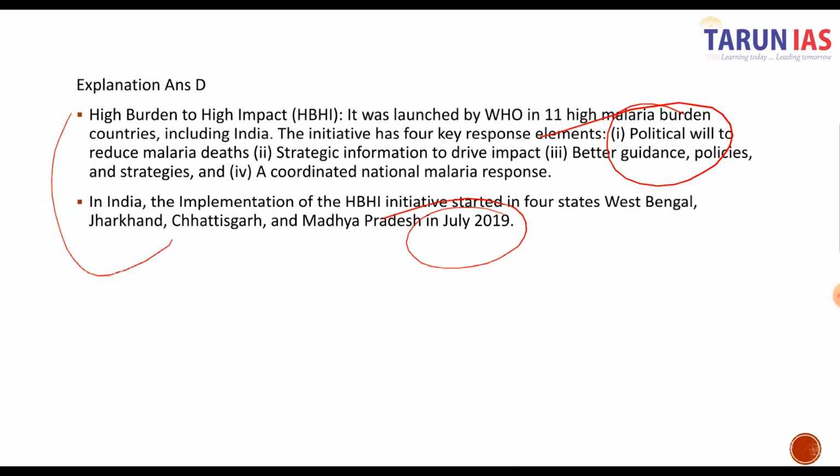The second is the strategic information to derive impacts. As you know, information is key to everything. So right information and awareness regarding a particular subject is important if we want to deal with that situation. For example, when there was no information and there was misinformation regarding HIV, people could not have been treated.